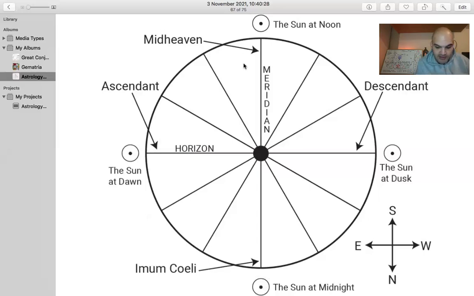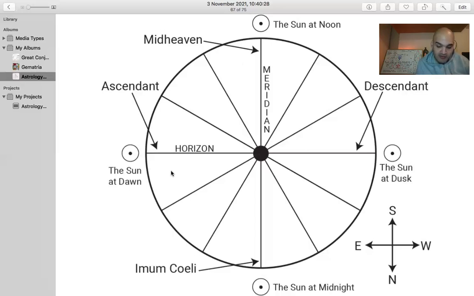In the birth chart, the ascendant is as important as the sun in determining the individual's personality and potential. The sign containing the ascendant is known as the rising sign. So what that is talking about is this sign here, this house here. But like I said, we're going to go into what each house means as well.